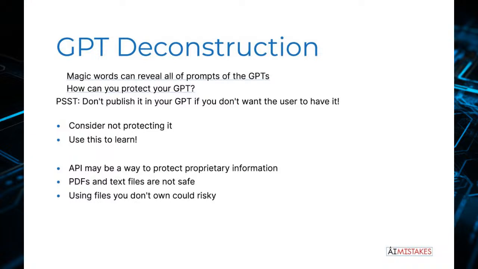If you do have data that does need to be protected, you can leverage an API, and the details that are brought through that API are going to have an additional layer of protection, because that API does have an authentication mechanism that you can take advantage of. But again, just remember, if you're worried about somebody taking it, it might be better to not put it in there at all, because anything you put in your GPT is potentially usable by OpenAI.